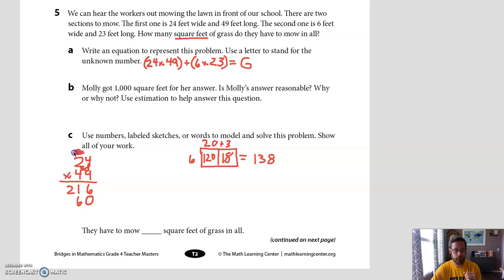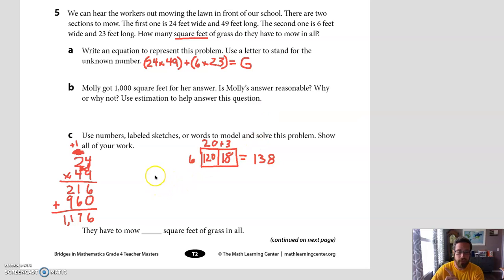Carry my 1. 4 times 2 is 8, plus 1 is 9. And I have my bow tie made. I have all my things, so I add those together. 6 plus 0 is 6. That's 7. That would be 11. So now this one is 1,176.